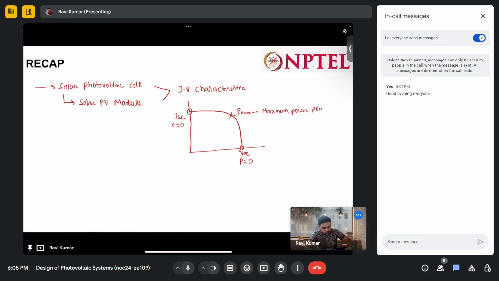maximum power point. To find this particular point, we have seen that we have different DC to DC MPPT trackers, and we have understood how they work, and we have seen how we can control these MPPT trackers to work only in this region.